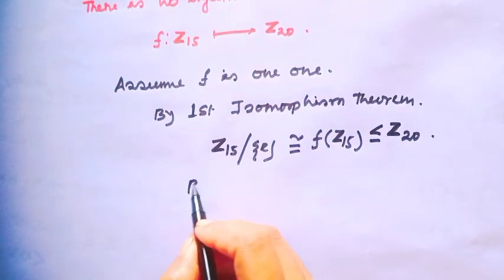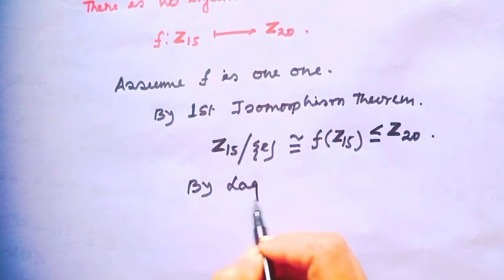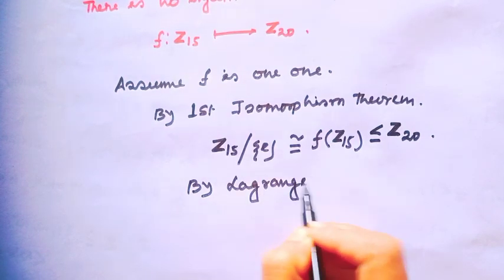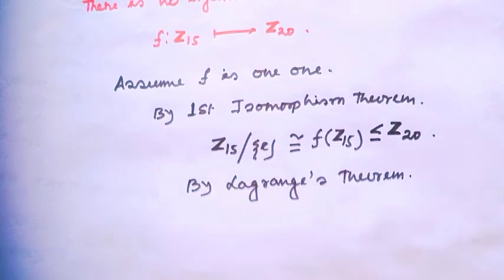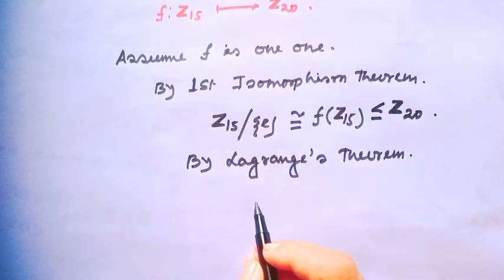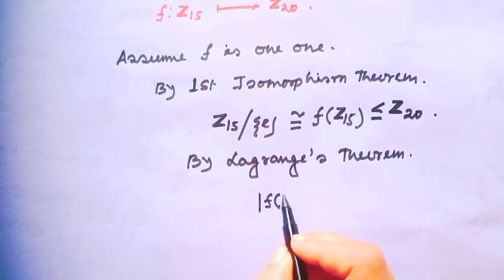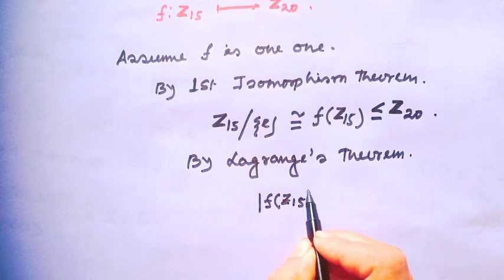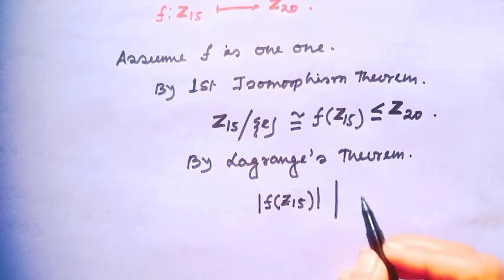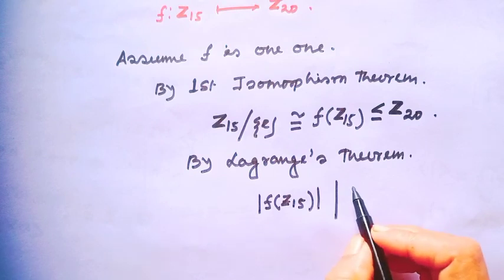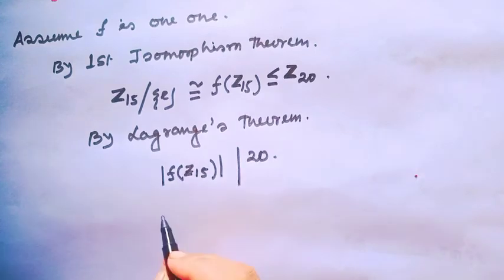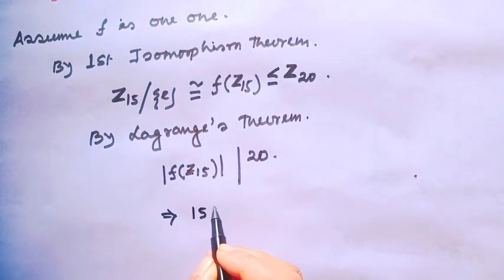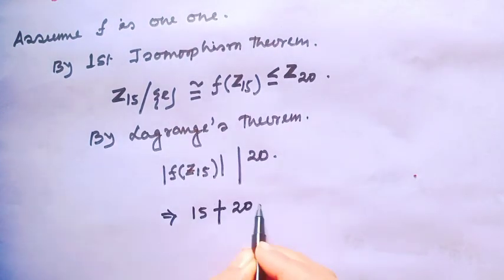Now by Lagrange's theorem, all of us know the order of f(Z15) always divides the order of the group, here the order of the codomain, 20, but 15 does not divide 20.